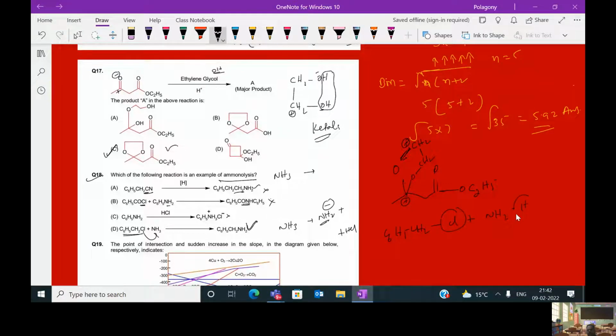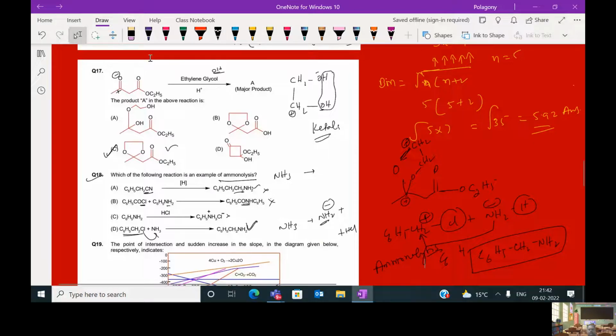The chlorine and hydrogen both combine, and the negative nucleophile attacks this positive carbon. As a result, we get C6H5CH2NH2. This is the ammonolysis process.